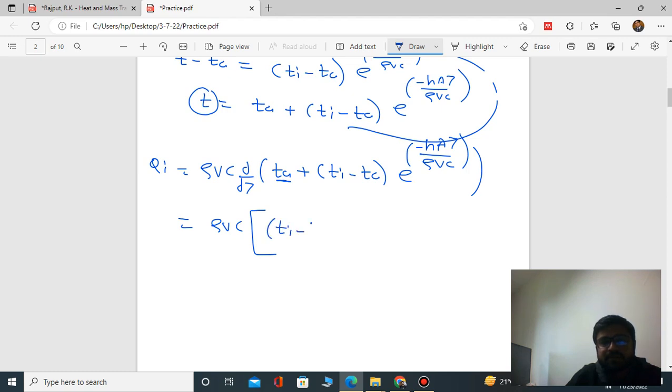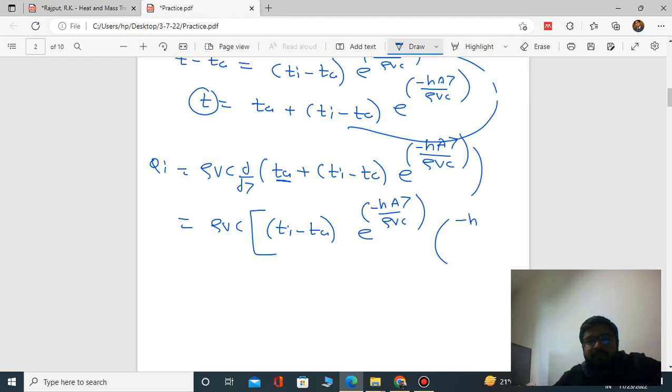So Ti minus Ta. Now what is differentiation of this? Now we know that differentiation of e raised to ax is a e raised to ax. So same way here, initially we will have to write down this minus Ha tau by rho Vc, and again here we will have to write minus Ha by rho Vc.